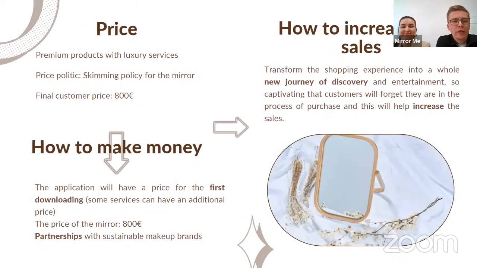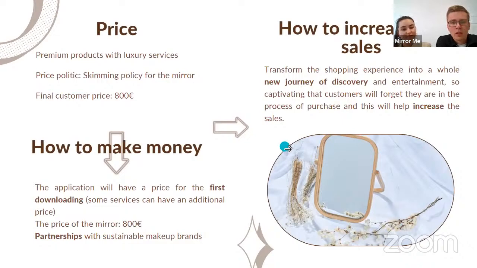For the price, it will be 800 euros for the final consumer. So we'll have a margin between the price that we will buy the mirror from Perfect Cop and the price that we will sell it for to the final consumer. We will also collect money thanks to the diverse partnerships that we will have on our marketplace, because we will put the light on local, social and sustainable makeup brands.